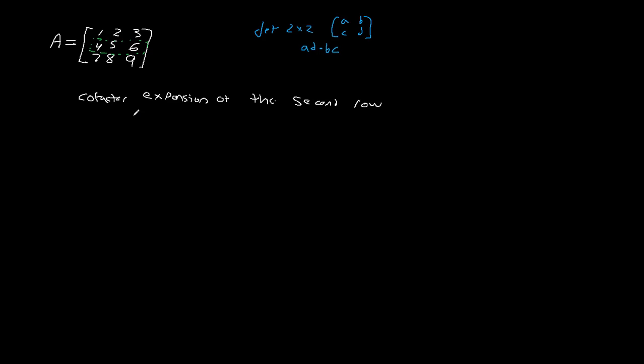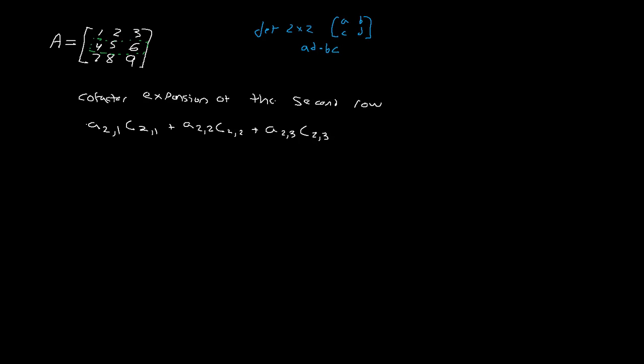So the cofactor expansion of the second row is the value of the second row first column times the cofactor of that second row first column, plus the value of the second row second column times the cofactor of the second row second column, plus the value of the second row third column times the cofactor of the second row third column.